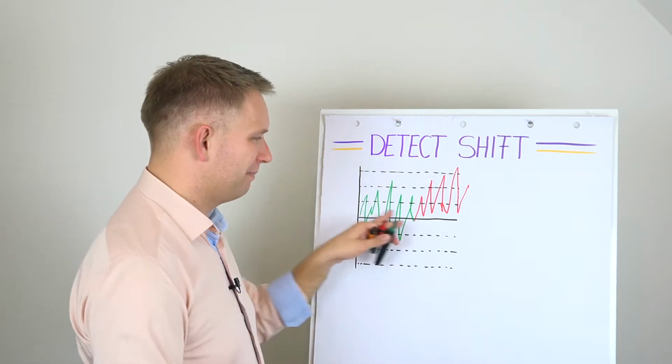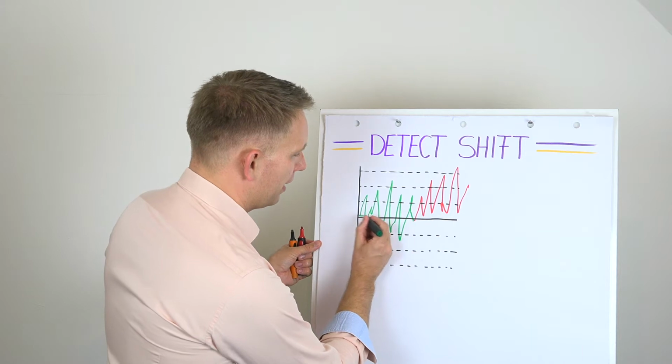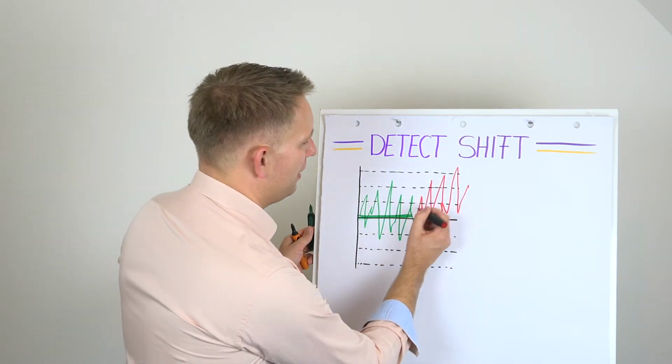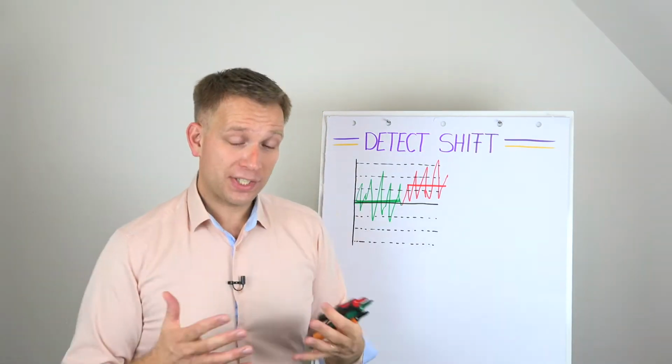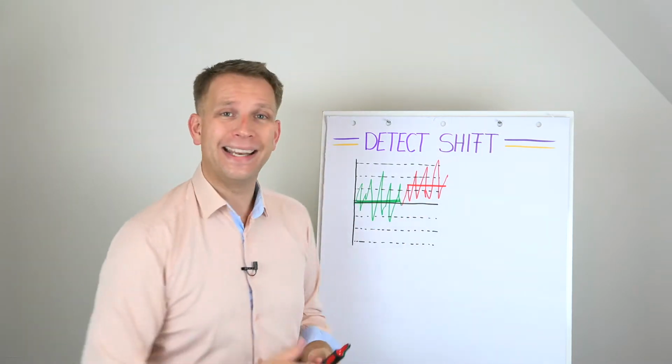And okay, my drawing skills were not that good today, but basically we're saying this is the center line here, and the center line has shifted. And this is what we're trying to detect. The Western Electric rules try to detect this effect. That is the signal.